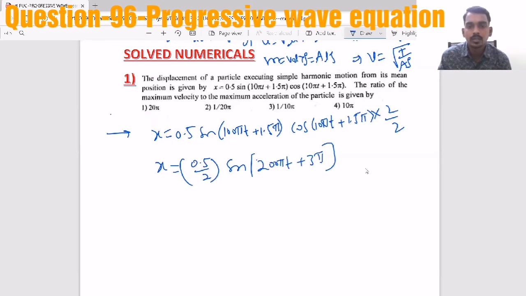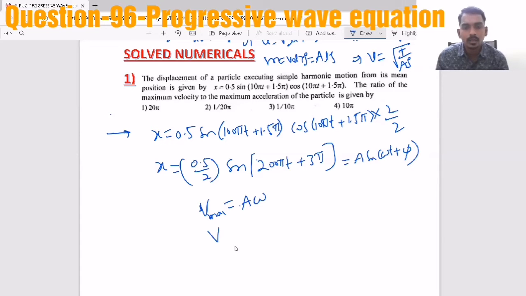Now if you compare this with A sine(omega t plus phi), they are asking for the ratio of the maximum velocity to the maximum acceleration. So maximum velocity equals A into omega.